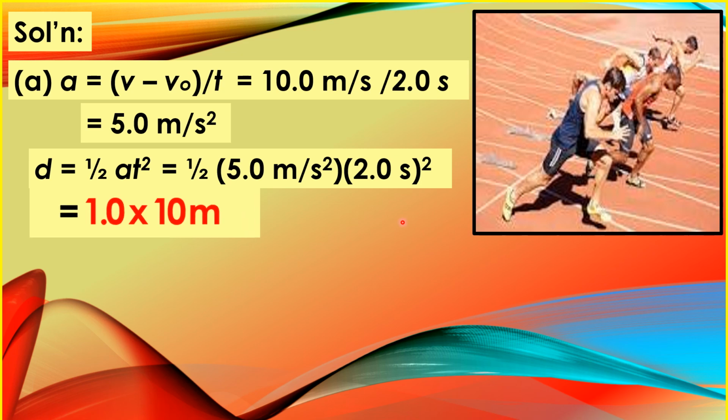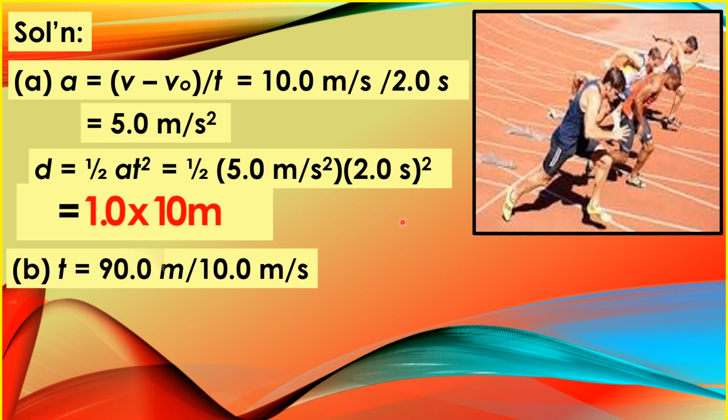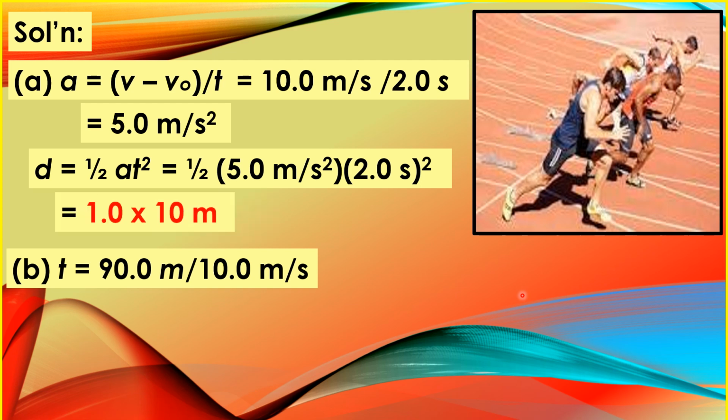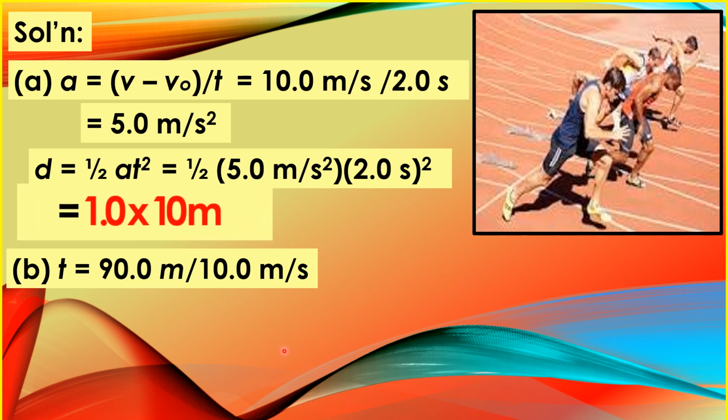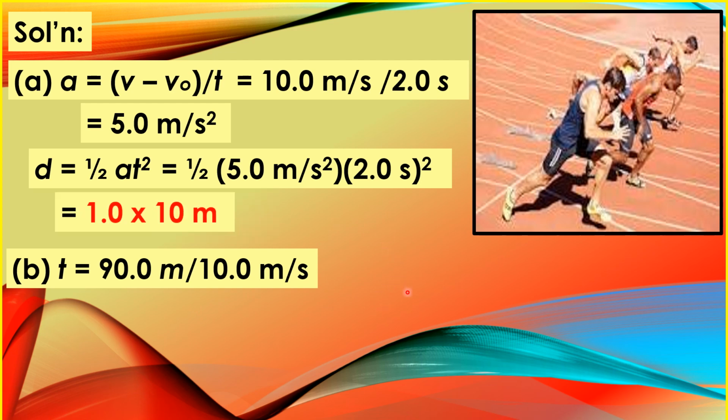So moving on to question letter B. We are to determine the average velocity of the sprinter in running the 100 meters. Take note that he is competing in a 100 meter dash. We have to determine first the time for him to run the remaining 90 meters, because he has already run 10 meters within 2 seconds.